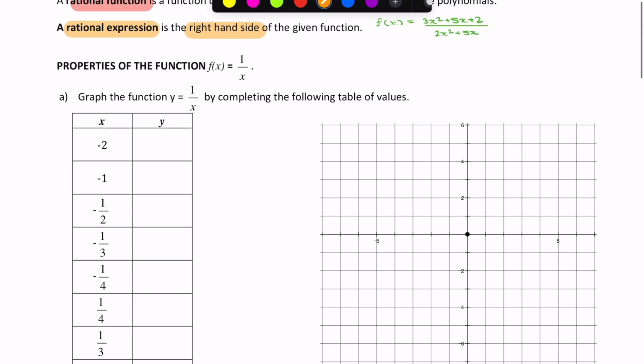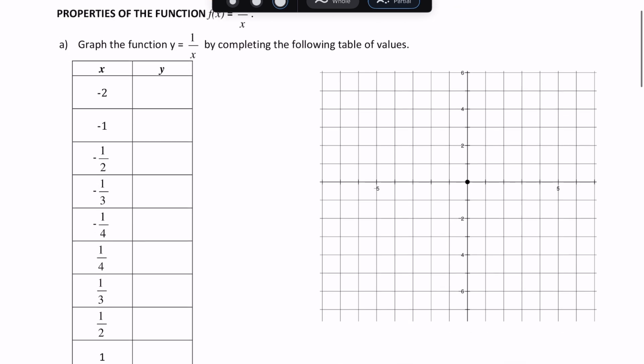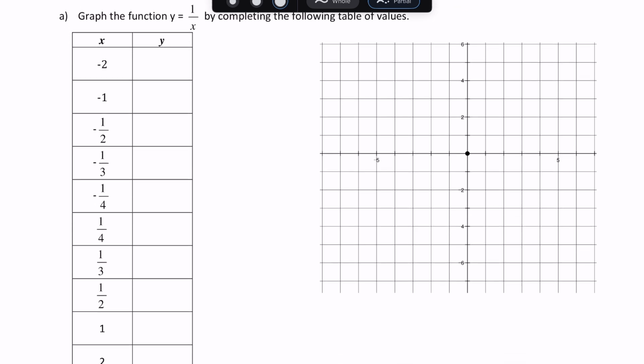Now we're going to explore the properties of this particular function, f(x) = 1/x. f(x) = 1/x is the parent function for this rational function. It says graph the function y = 1/x by completing the following table of values. Here we have x values of -2, -1, -1/2, and so on.